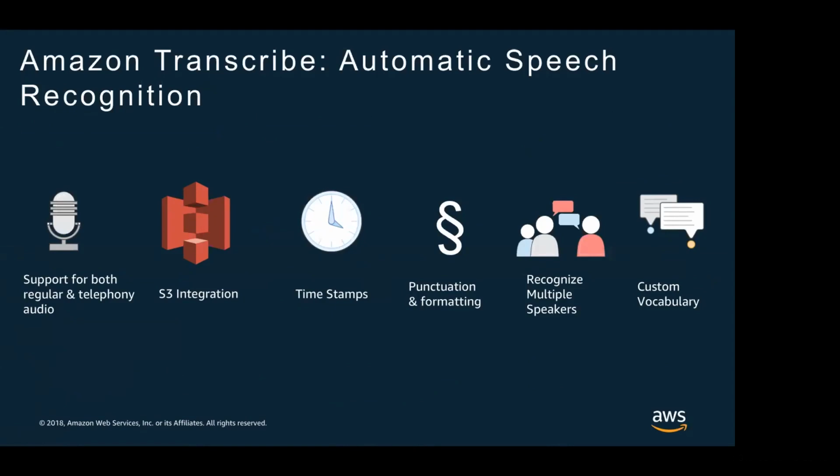We can combine this service, for example, with a call center service. We have a call center service called Connect, and you can transcribe all the speech that you are talking within the call, and then you can analyze that text offline.